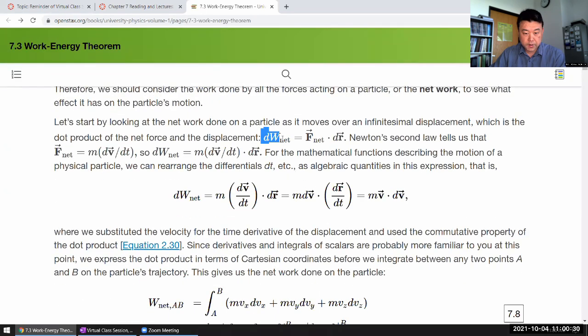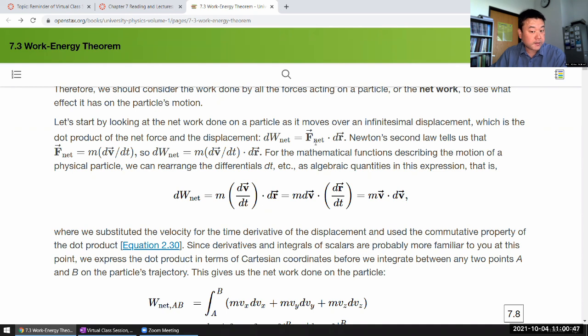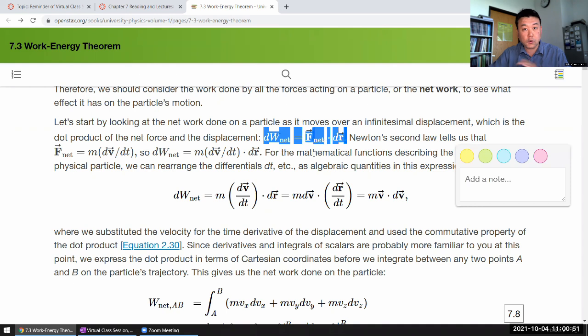So this is how we describe work, and this is the important thing to note when you have a net work being done on an object. And when we say net work, it's the work that we associate with the net force. So you have to be careful to include all the forces, both the applied force and any other force that you would introduce as you do force analysis.